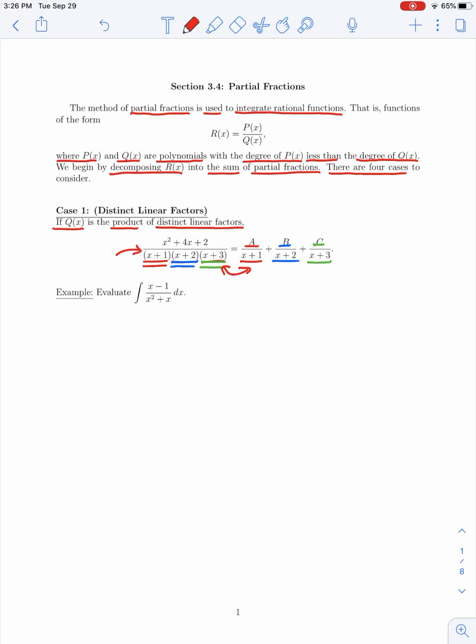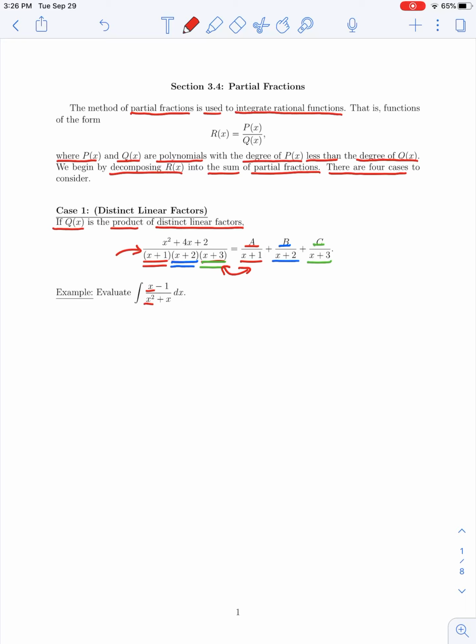Here our numerator is a first degree polynomial and the denominator is second degree. So anytime we're integrating rational functions, we should probably try the method of partial fractions that we're going to discuss in this section.